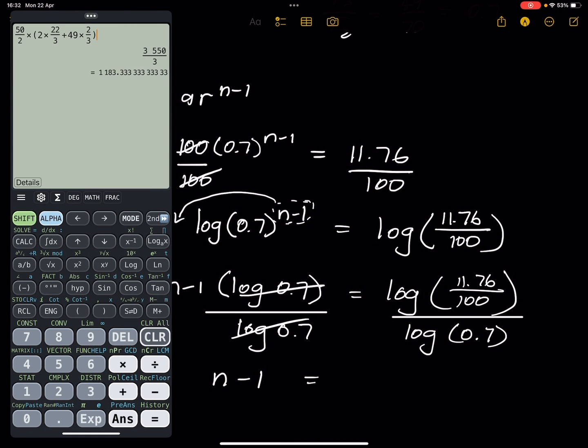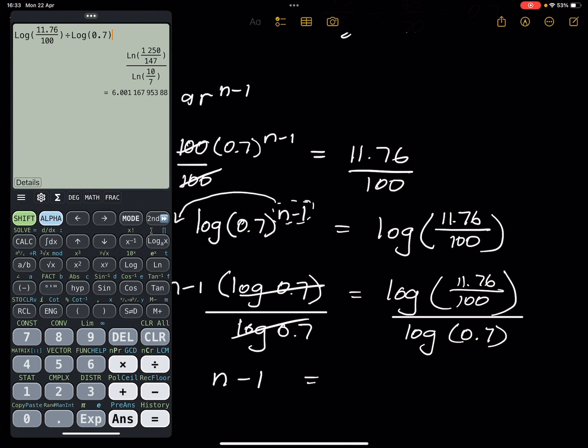So let's try and get that answer. I've got the log of 11.76 over 100, and I divide that by the log of 0.7.